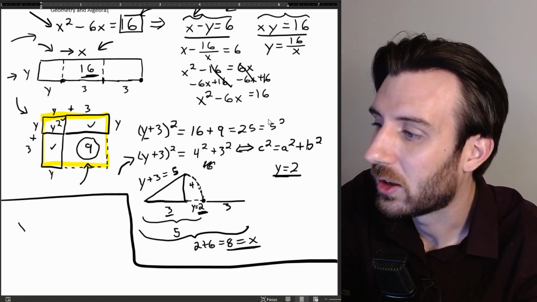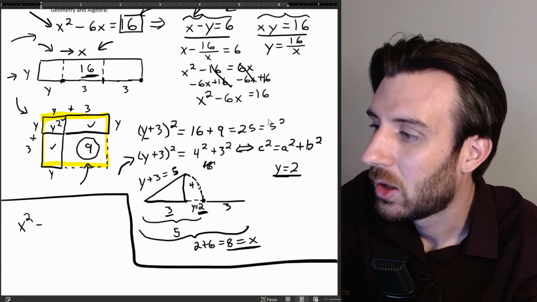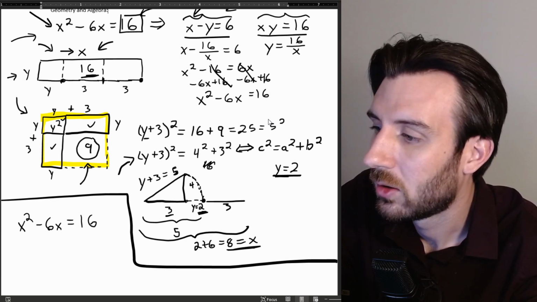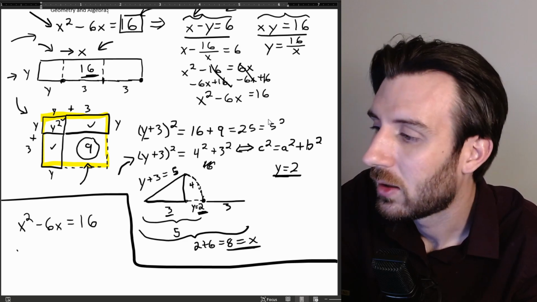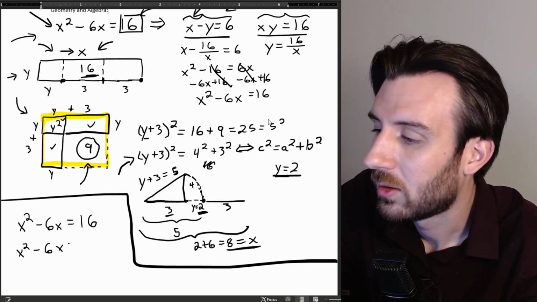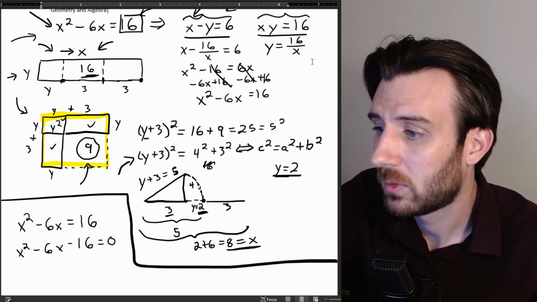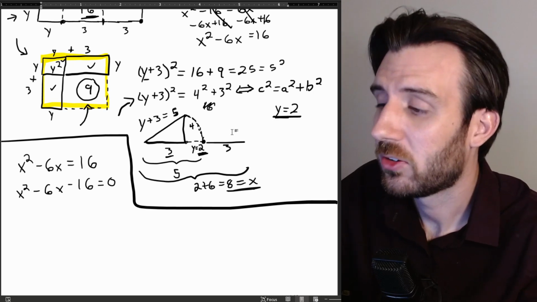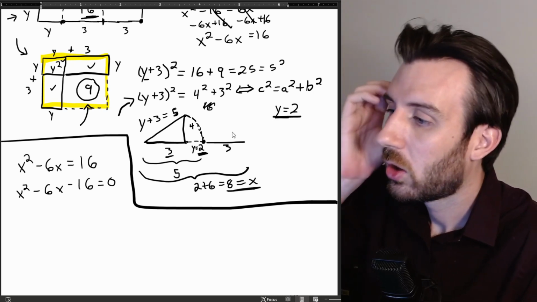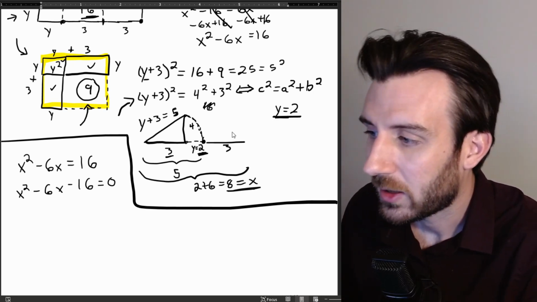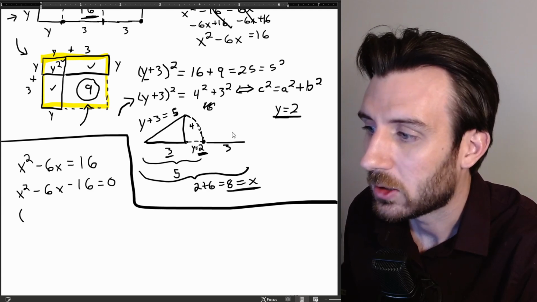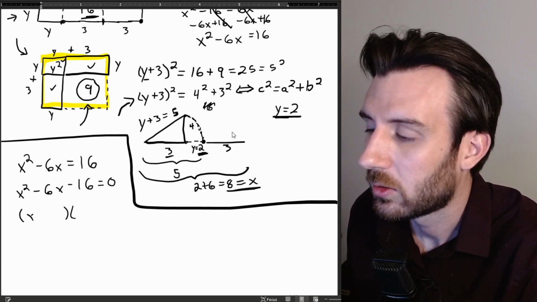Using algebra, we would say x squared minus 6x equals 16. That could be rewritten as x squared minus 6x minus 16 equals 0. And I could think about this as saying, I'm looking for something that's going to multiply to my x squared. That would be x and x.